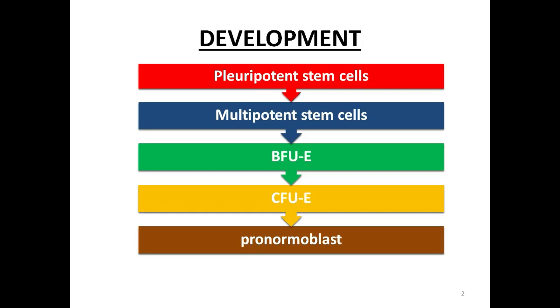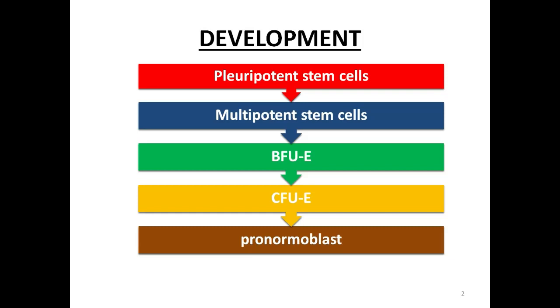Initially it will be present and slowly it will start getting absent. So in colony forming unit erythroid, the size is on an average around 19 to 23, and now onwards the size will start decreasing as the cell develops.